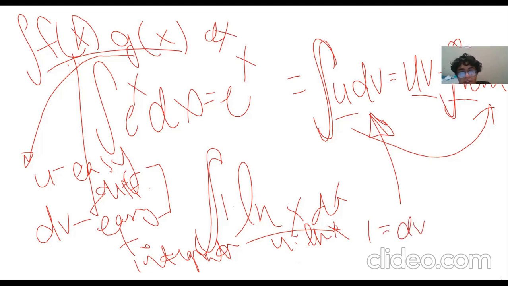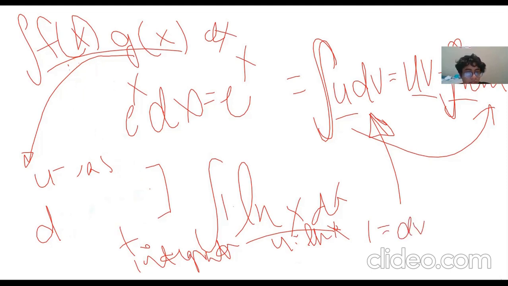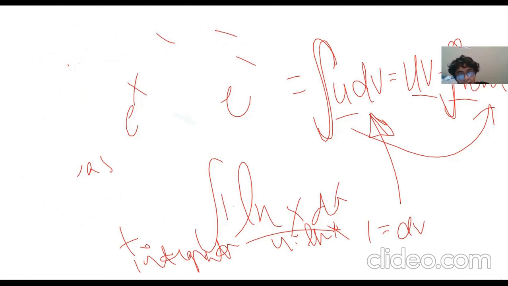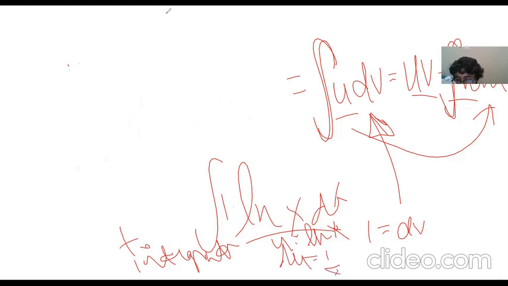So then when we write our equation out, uv minus the integral of v du, all I do is ask, what is the derivative of u? It's 1 over x. What is the integral of dv? It's just v. And then I just multiply across like this.